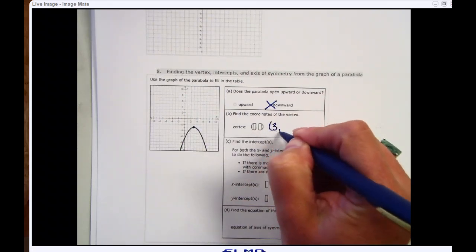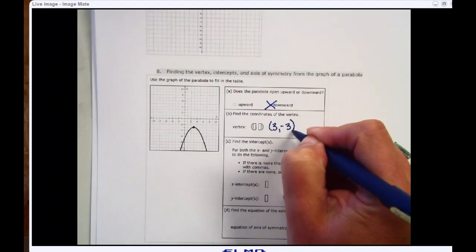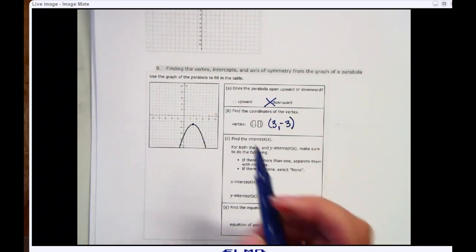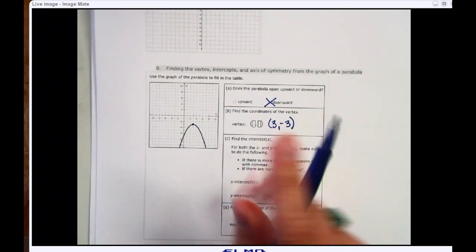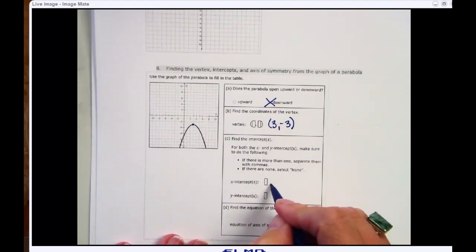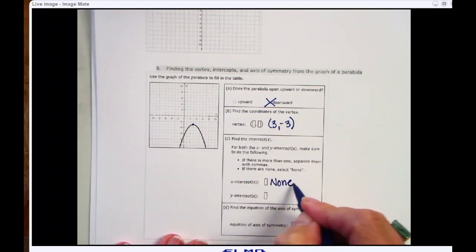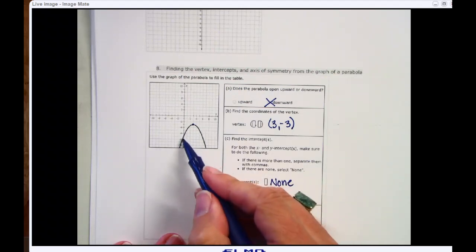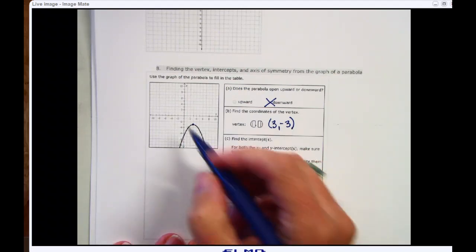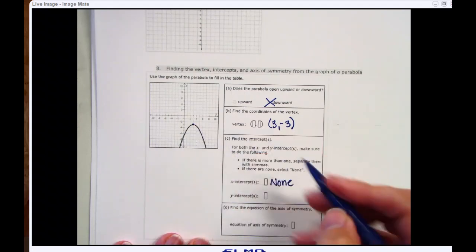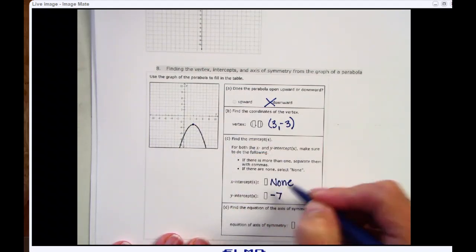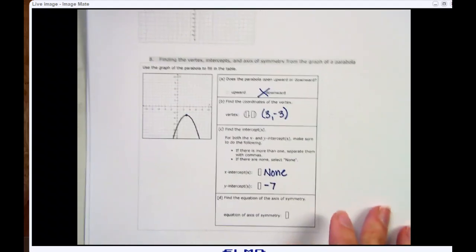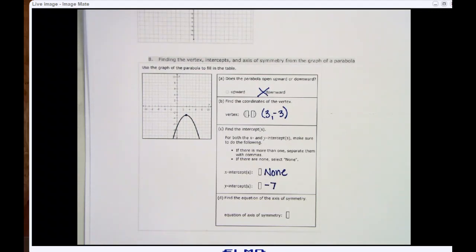Find the x-intercepts. None. Find the y-intercept. Is that negative 7? And the equation for the axis of symmetry.